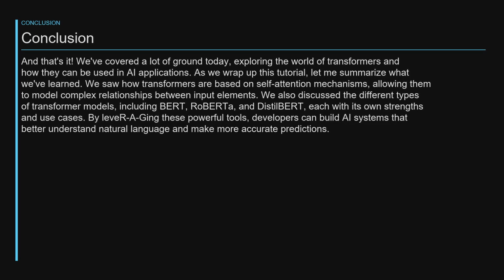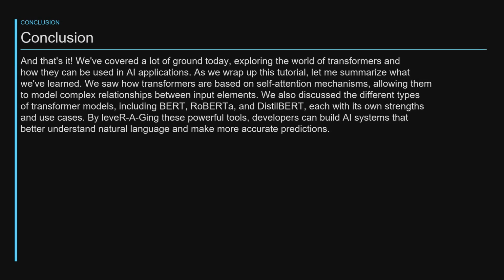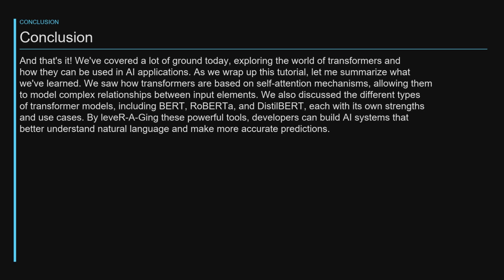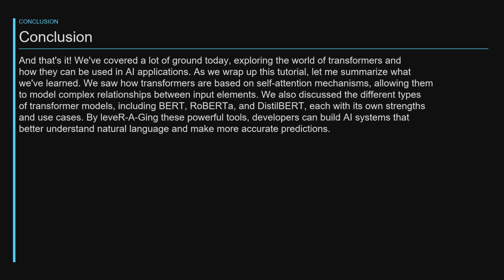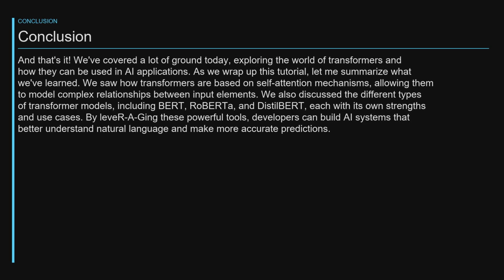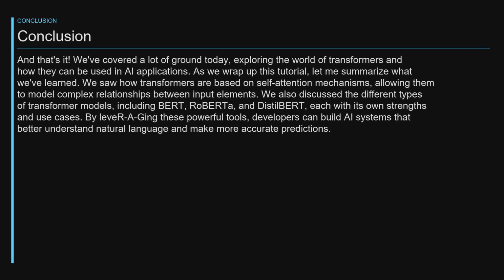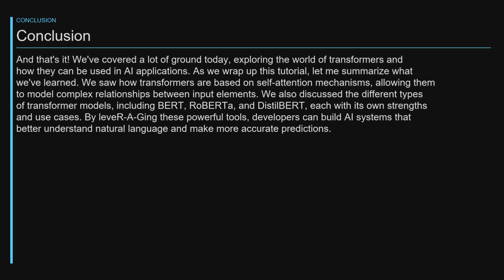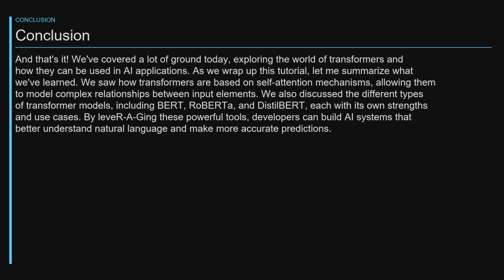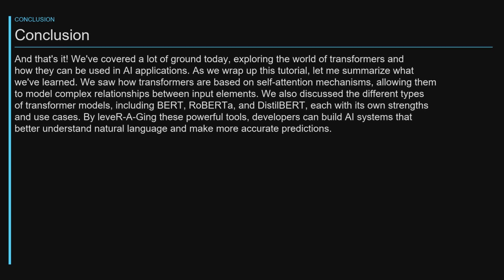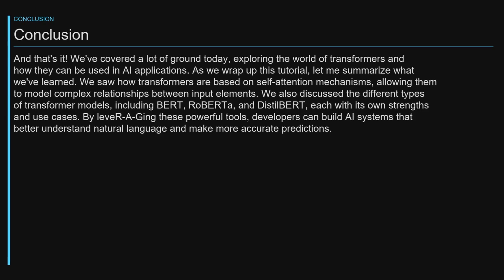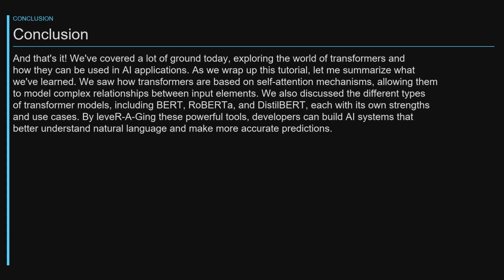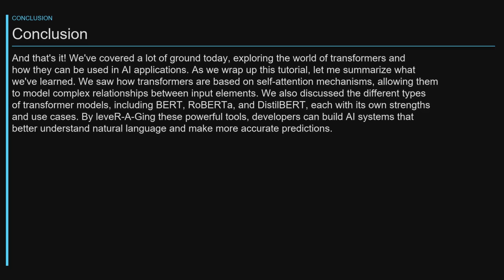And that's it. We've covered a lot of ground today, exploring the world of transformers and how they can be used in AI applications. As we wrap up this tutorial, let me summarize what we've learned. We saw how transformers are based on self-attention mechanisms, allowing them to model complex relationships between input elements.